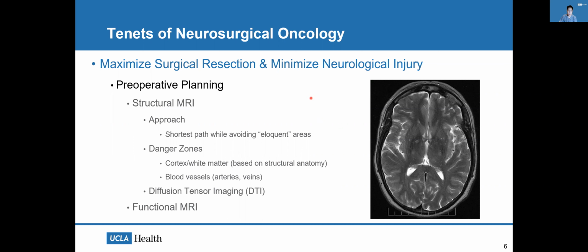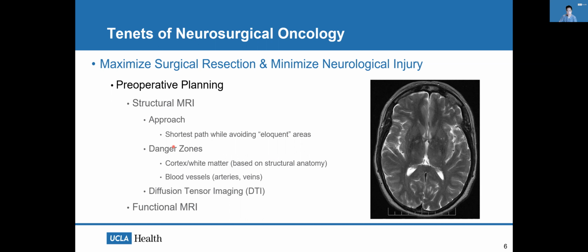When we look at the structural MRI, we essentially have a sense of where all the various anatomical regions are, and we're trying to see what the shortest anatomic corridor is to the tumor so that we violate as little normal brain as possible.